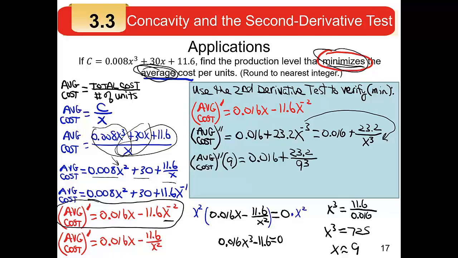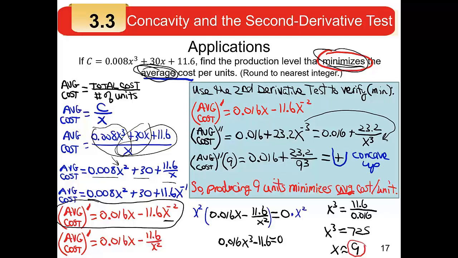Plug the 9 in. I don't need to know the exact value, I just need to know whether it's positive or negative. It's pretty clear that that number comes out positive, which means it's concave up, which means it really is a minimum. So the number that I thought was going to be the answer, which was 9, now I'm absolutely certain that 9 is the number that minimizes the average cost per unit.